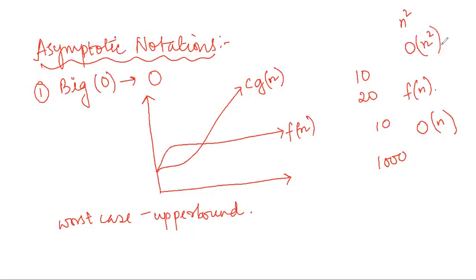Suppose I have another algorithm which executes in n steps. I will say that the efficiency of that algorithm is order of n. So like the number of steps my algorithm is taking, I am expressing the efficiency in that order.